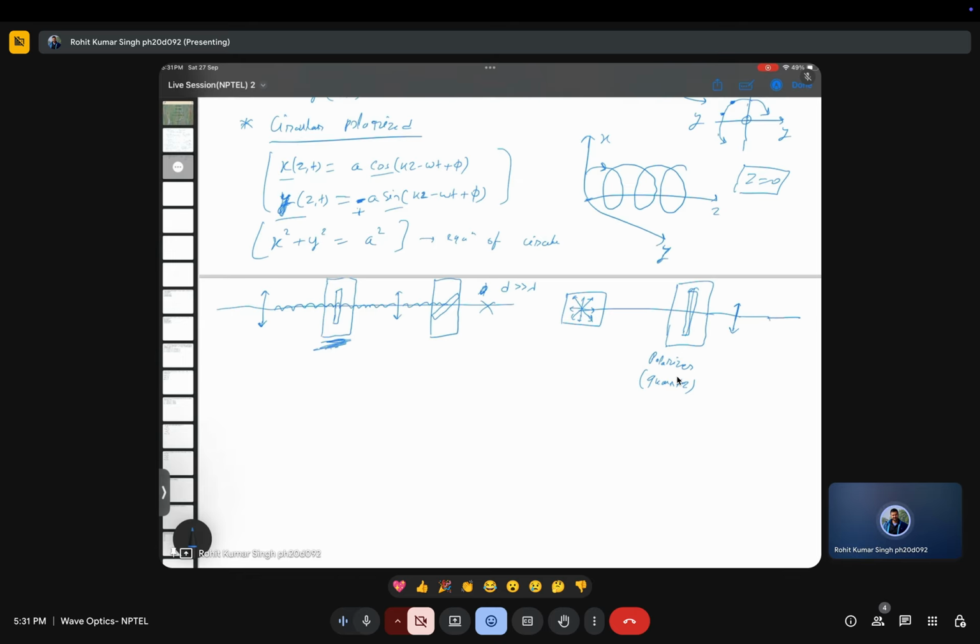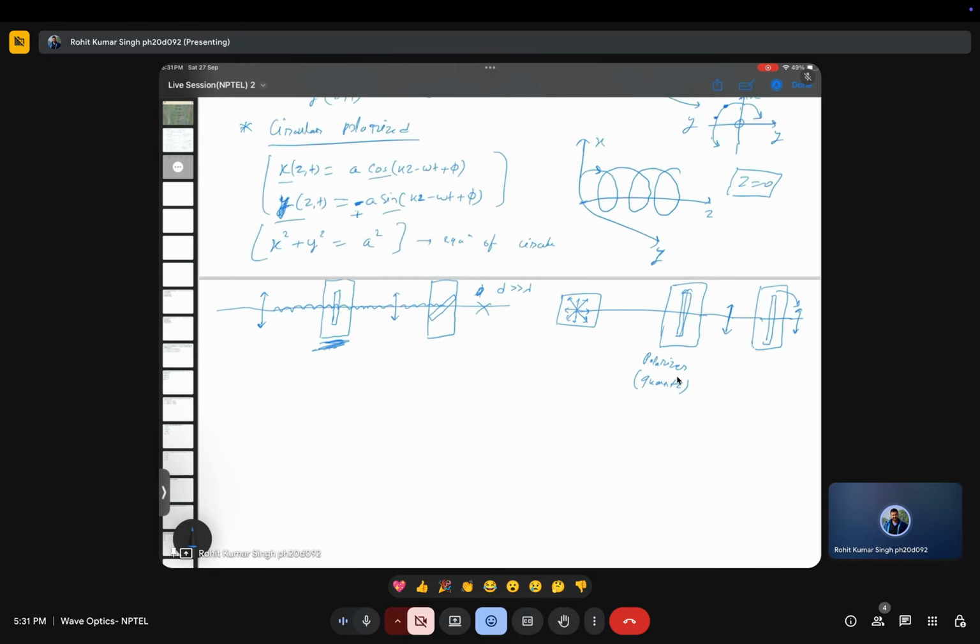And then what you can do is, you can put another such device here, okay, and start rotating it. If you put it like this, it will let the wave pass through like this. But when you start rotating it, the intensity of light will again reduce, right?